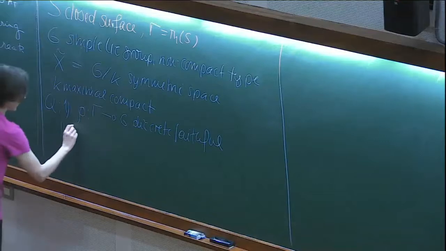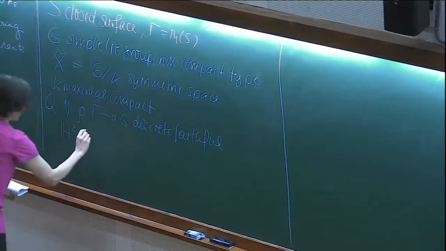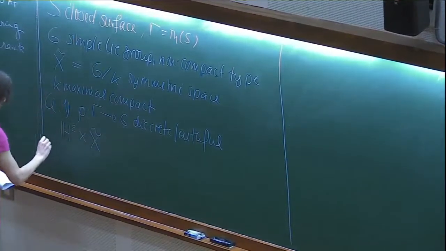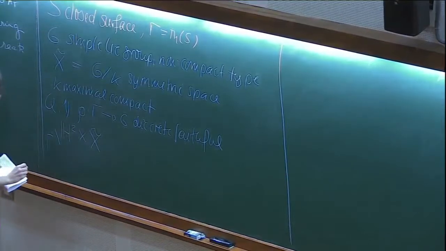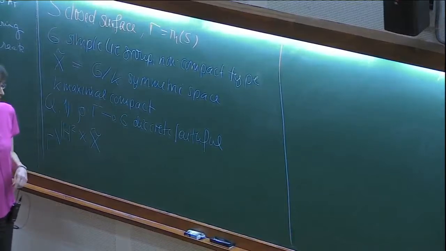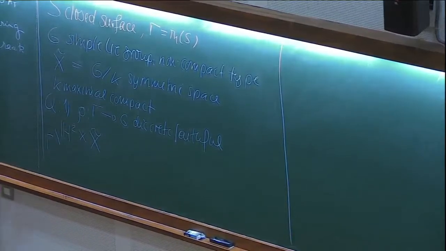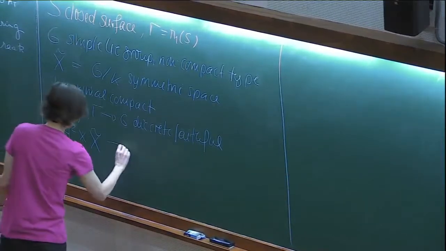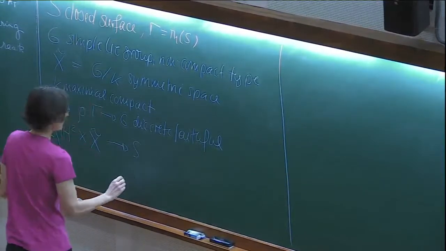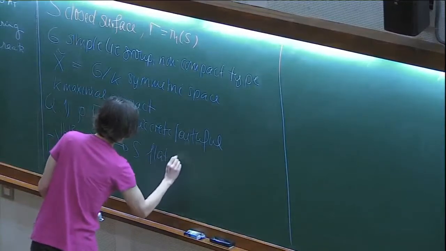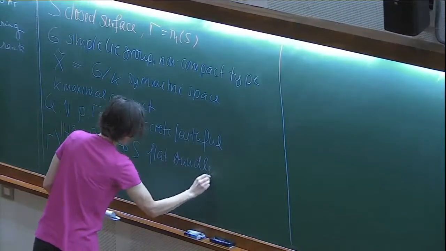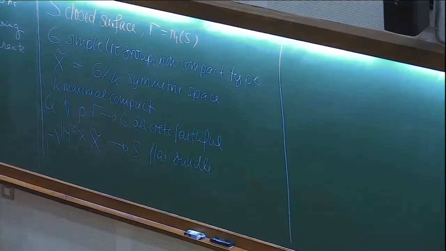So I can obtain a flat bundle, a quotient from the left by gamma. Gamma acts on H2 as the fundamental group of the closed hyperbolic surface, and it acts on X-twiddle via the representation, simply because G is the isometry group of this X-twiddle. And now this is a flat bundle over S. The fiber is this symmetric space X-twiddle.